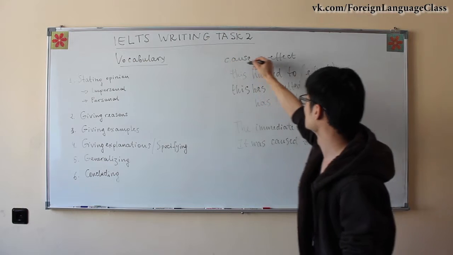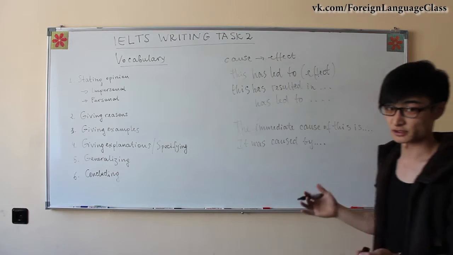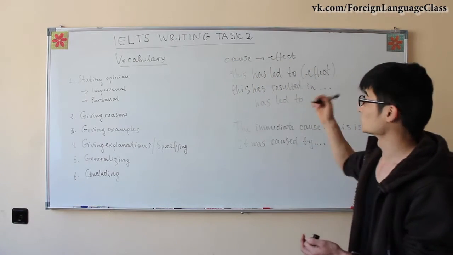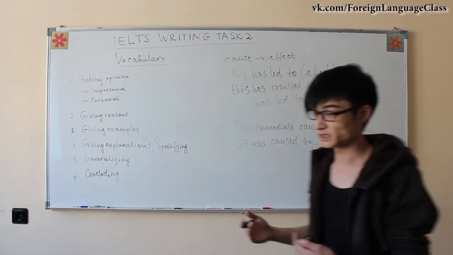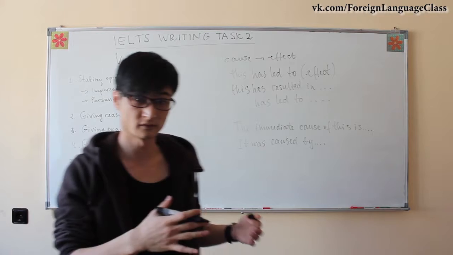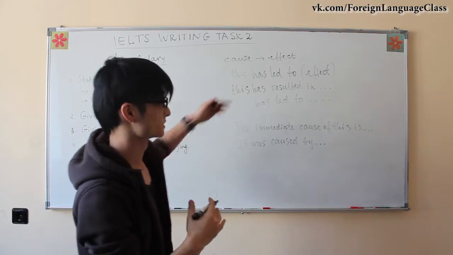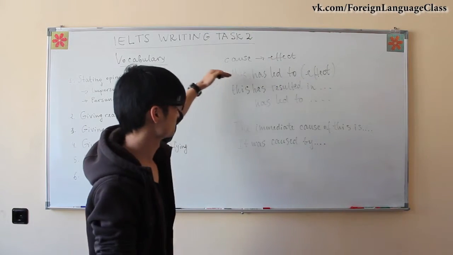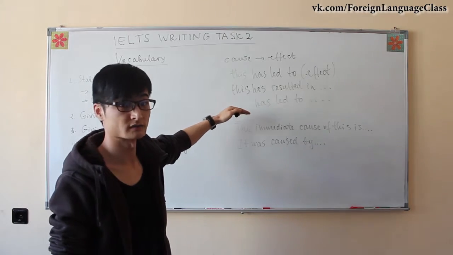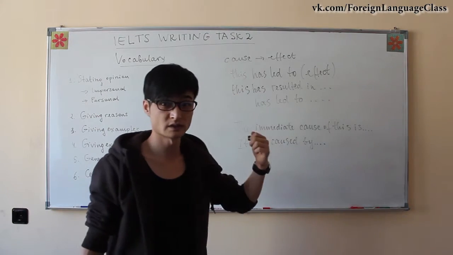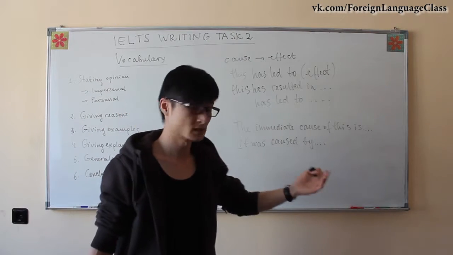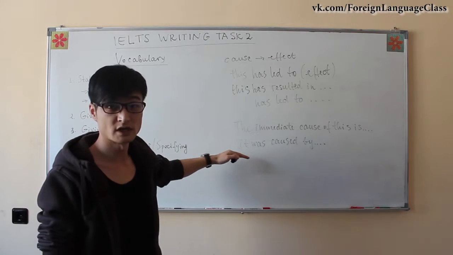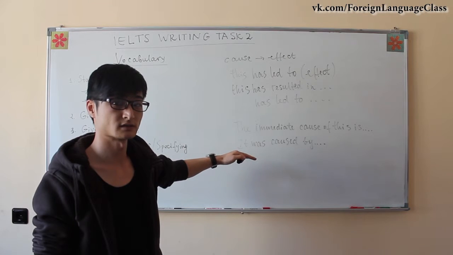So again, depending on the situation, we always have cause and effect. Depending on your writing, if you have stated the cause before and you want to describe the effect, you may use this kind of phrases. If you have described the effect before and now you want to state the cause, you may use these phrases.